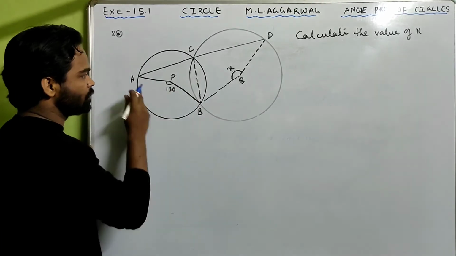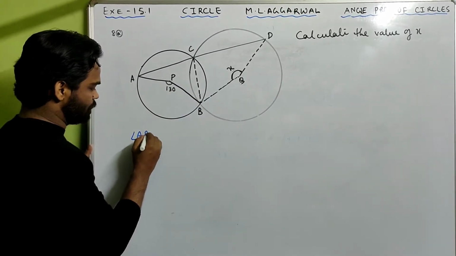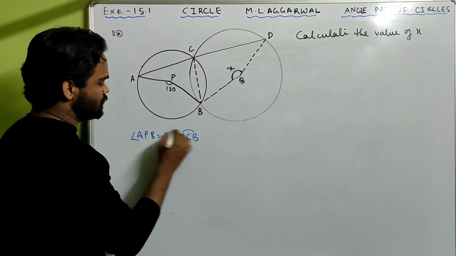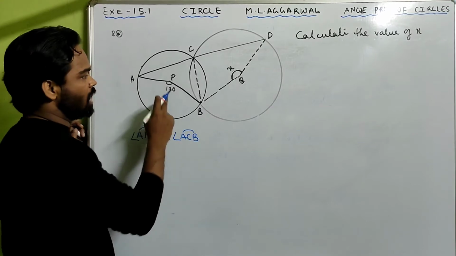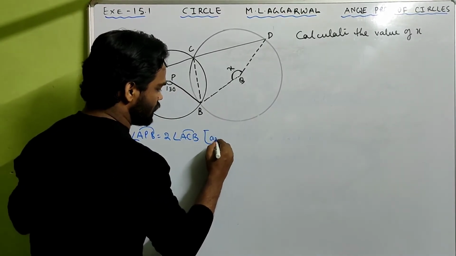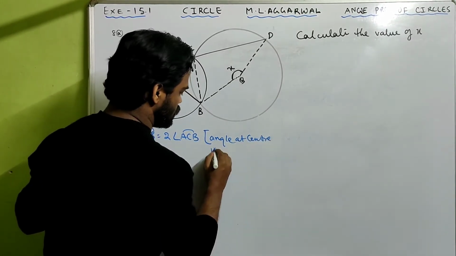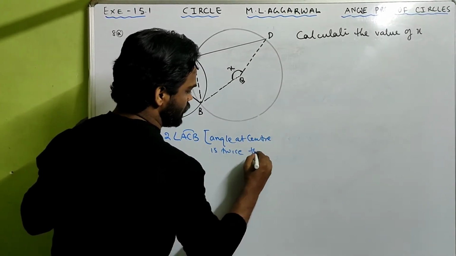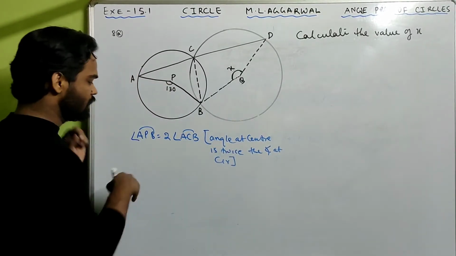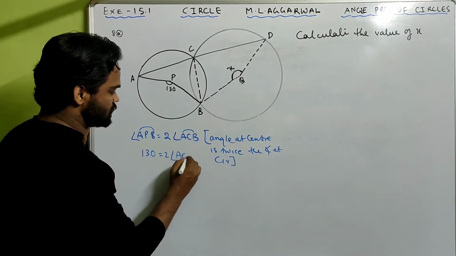First the smaller circle. Angle APB will be twice angle ACB. See, the segment is same. So angle at the center is twice the angle at circumference. We know this, which means APB is 130 equals twice ACB.